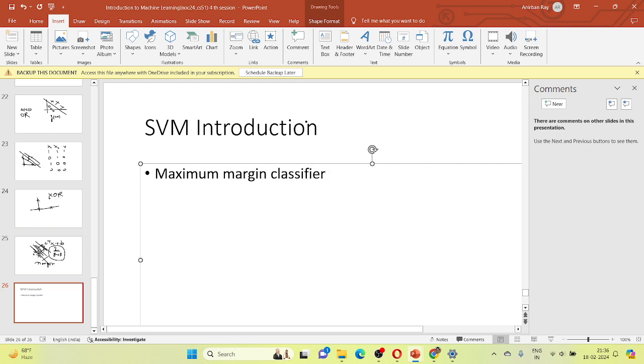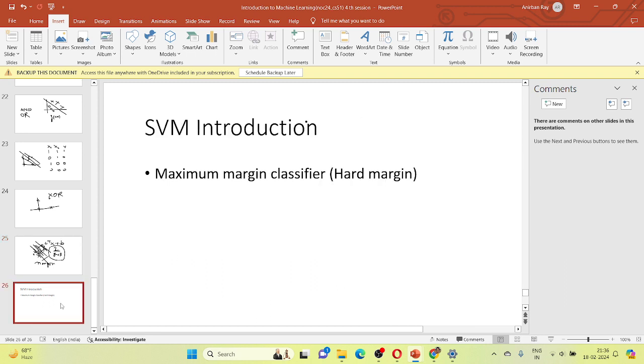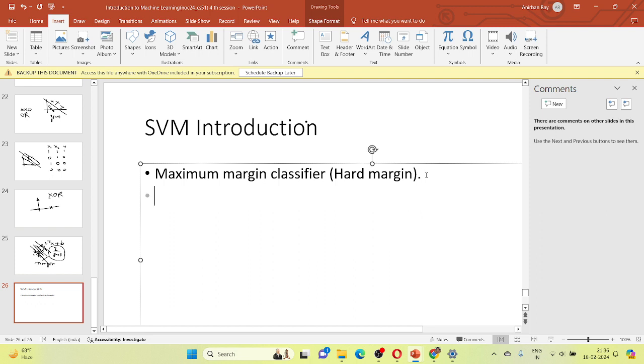And it is a hard margin, that is, no training example should be inside this margin. All should be out of the margin, on the right side or the left side. There is also soft margin SVM, but we'll come to that later.